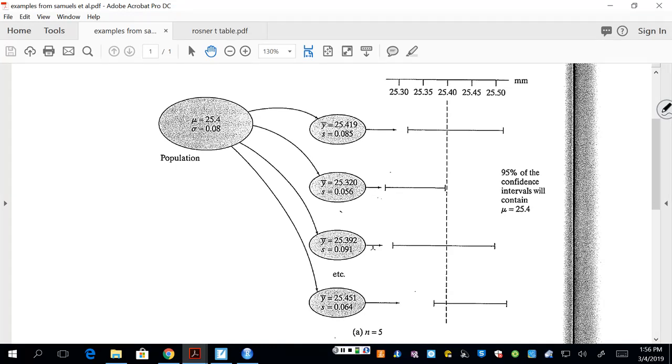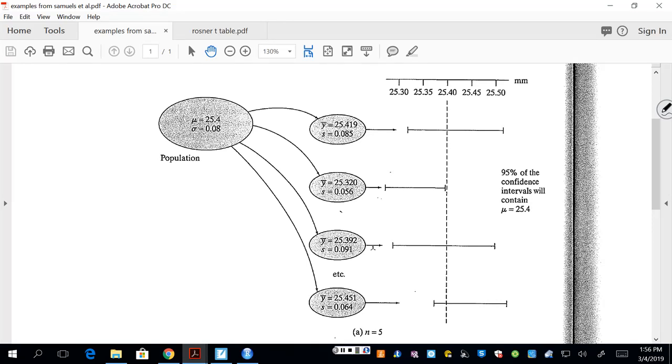You take another 5 birds, you might end up with this average and standard deviation and get this interval. Or a different 5 birds, you're going to get these different intervals. Both the average and the standard deviation will change. Both of these use the t distribution with 4 degrees of freedom to get that cutoff, that multiplier value. And many of them cover, this one looks like it misses, but that's the interval.